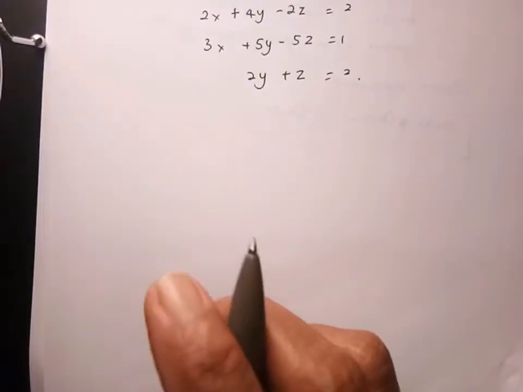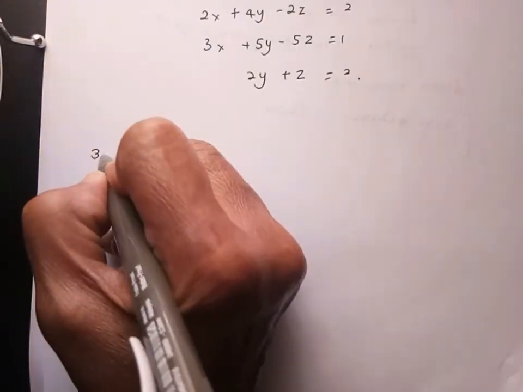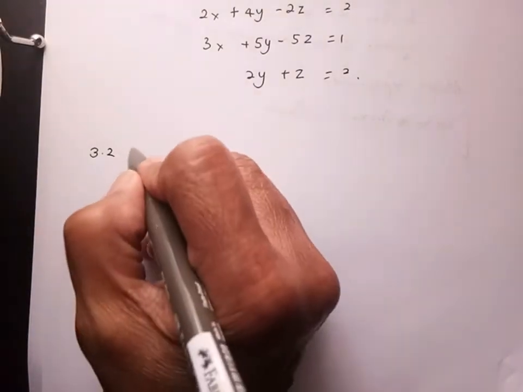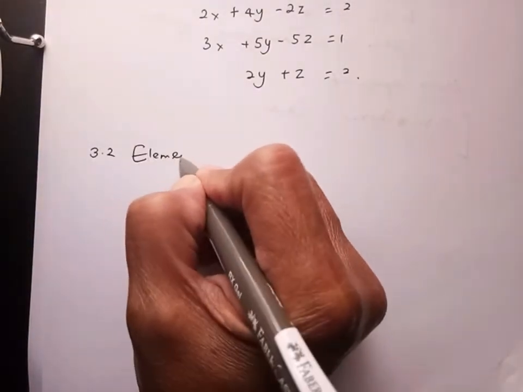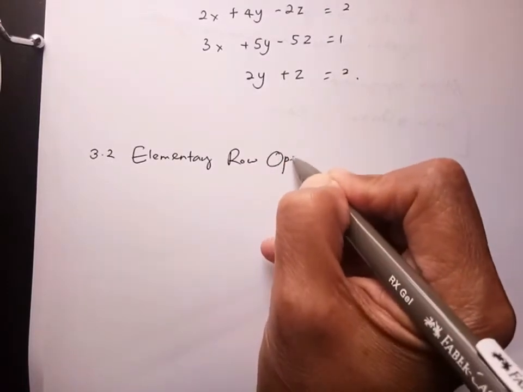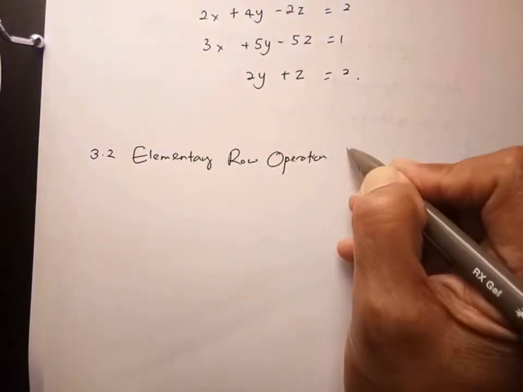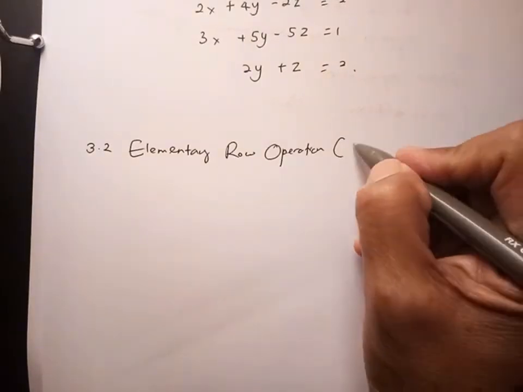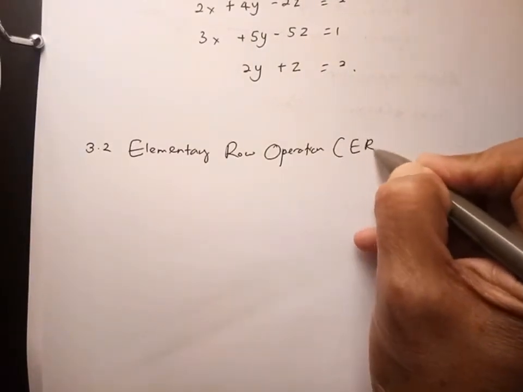Okay, next in 3.2 is elementary row operation, or in the short form, ERO.